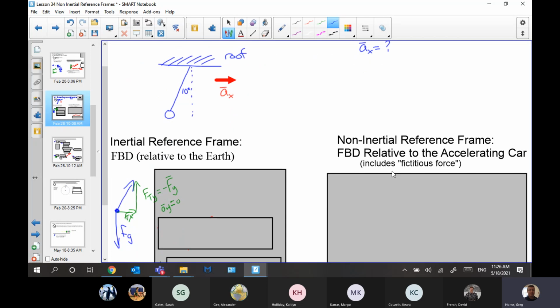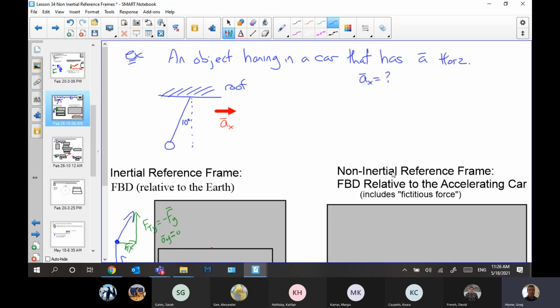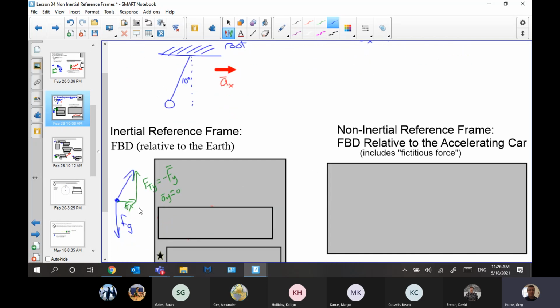So the free body diagrams for these guys, obviously we could have a free body diagram just like this. In the inertial reference frame, the only forces on that object hanging there are a gravity force and a tension force, Ft, right? And so for the inertial reference frame, you have an acceleration, so you actually have a net force.